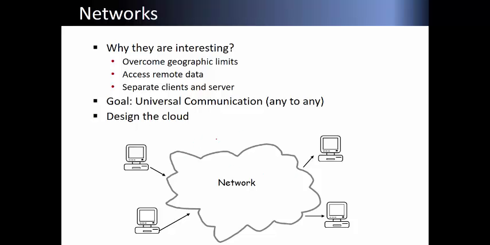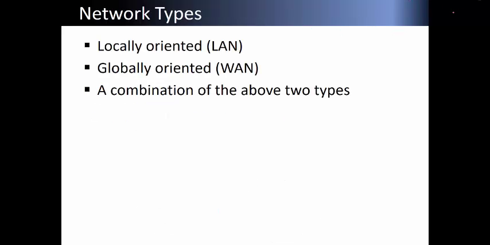So as you can see here, there are three types of network: local area network, and globally oriented network, which is a wide area network.